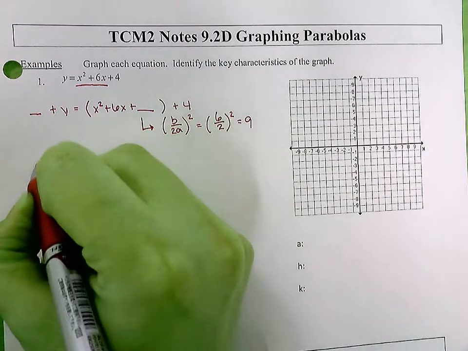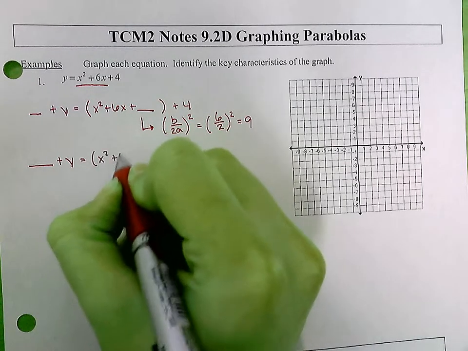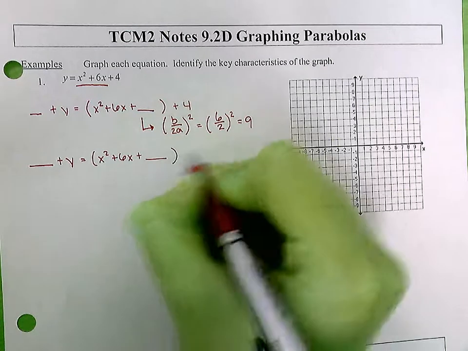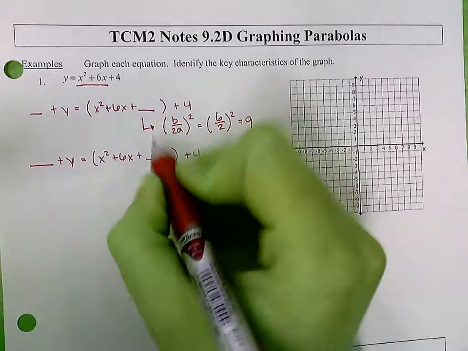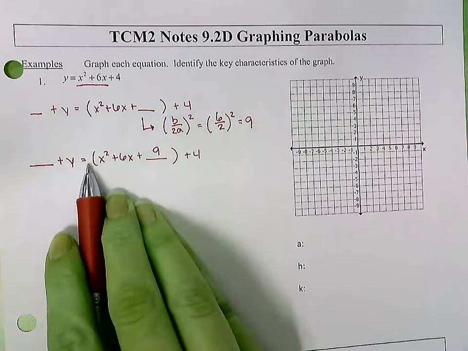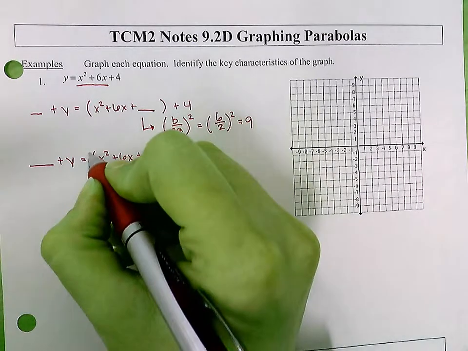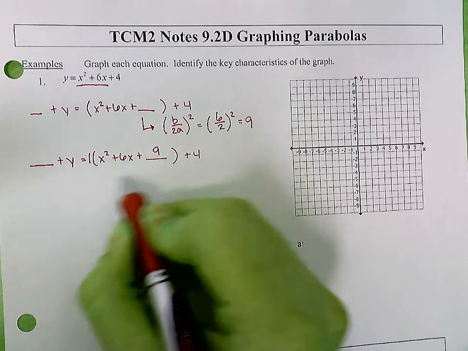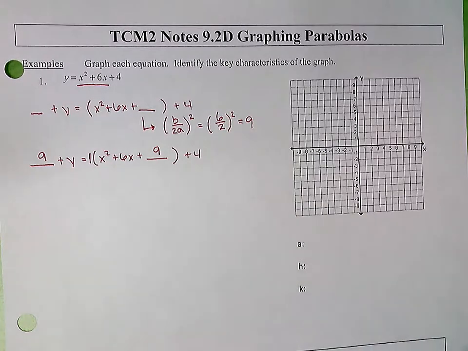I'm just going to rewrite this: x squared plus 6x plus something plus 4. That blank space I just found is supposed to be 9. There isn't any number out front, so that would just be 1, and multiplying 9 and 1 is still just 9. Whatever you do to one side, you have to do to the other.